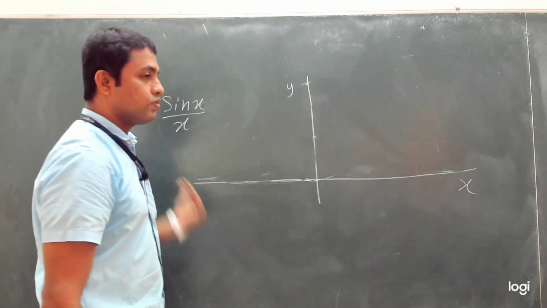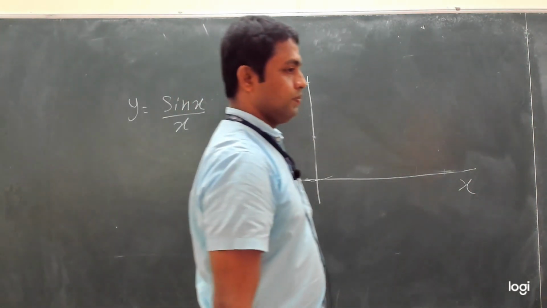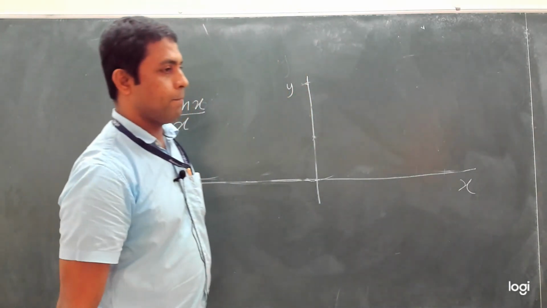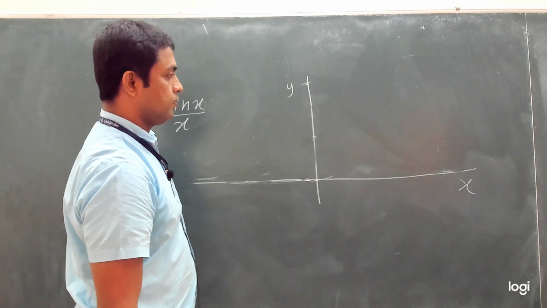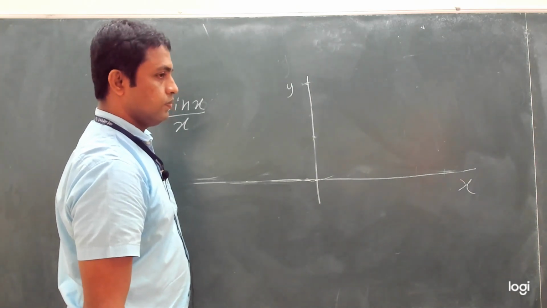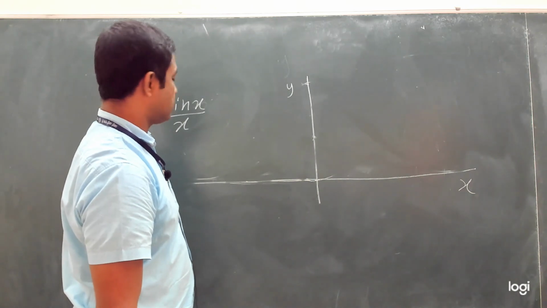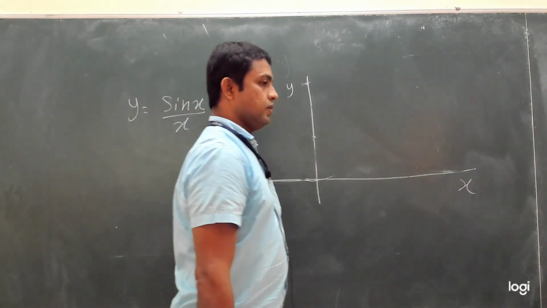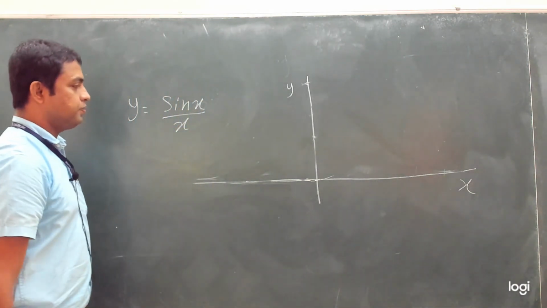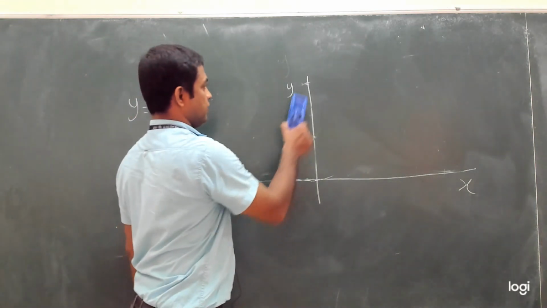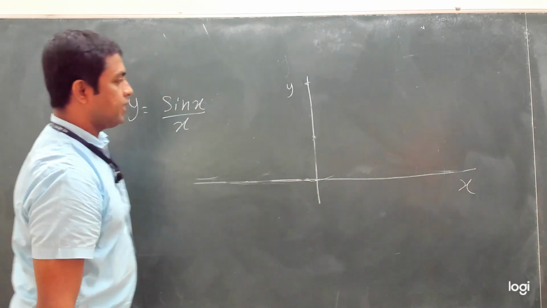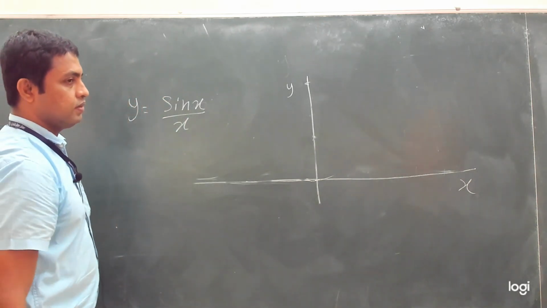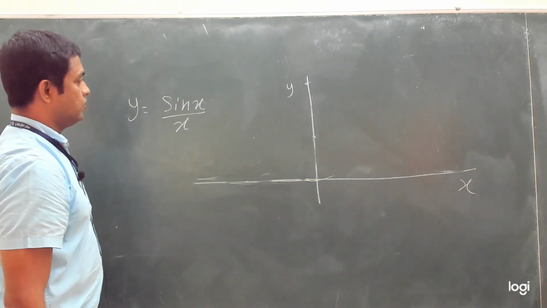As x tends to minus infinity, what is the value? As x tends to 0 it is 1. And as x tends to infinity and minus infinity, it will tend to 0.